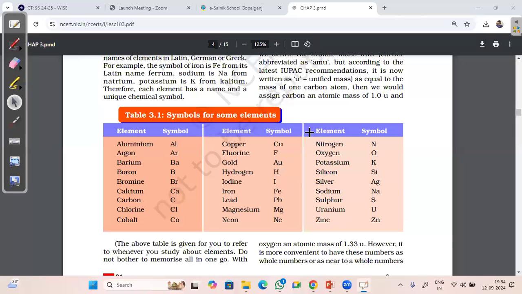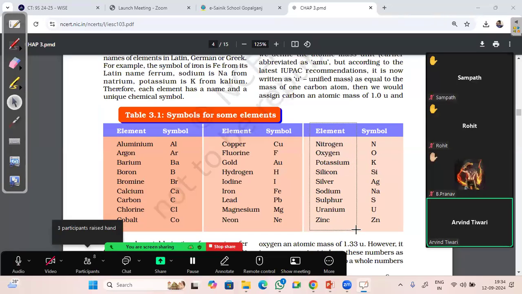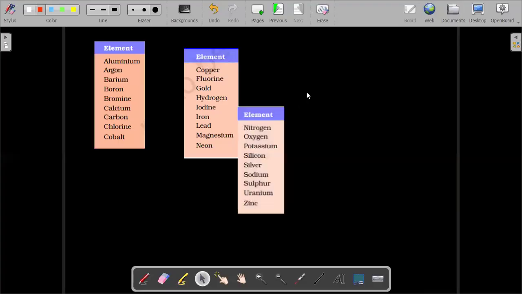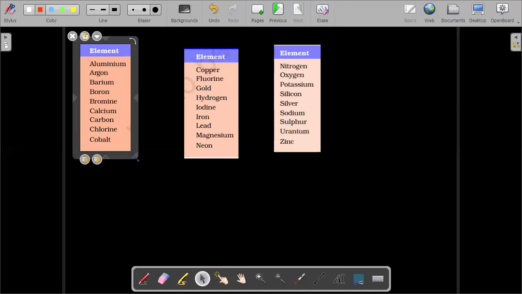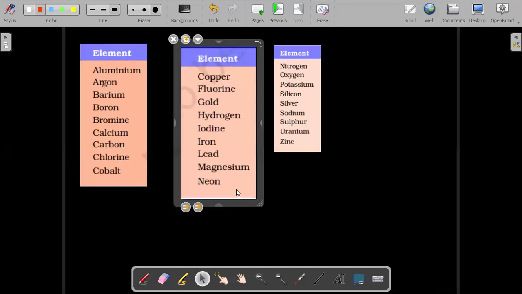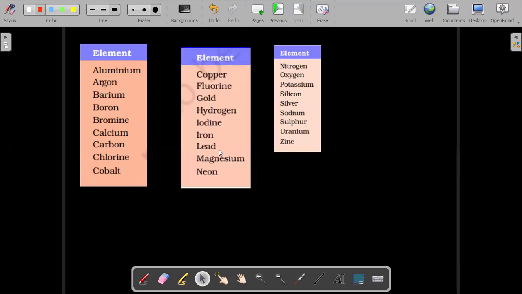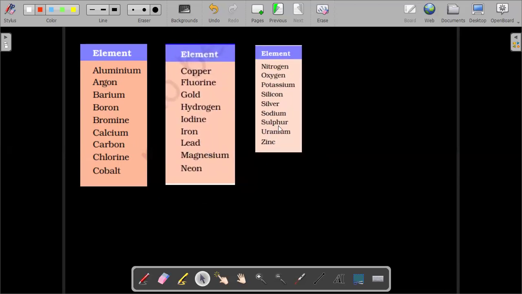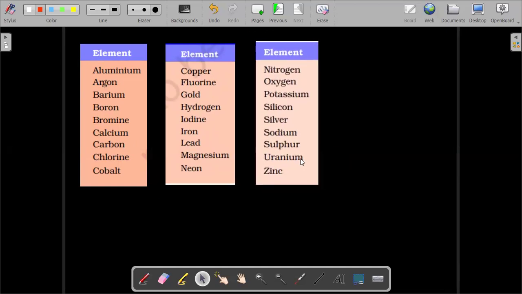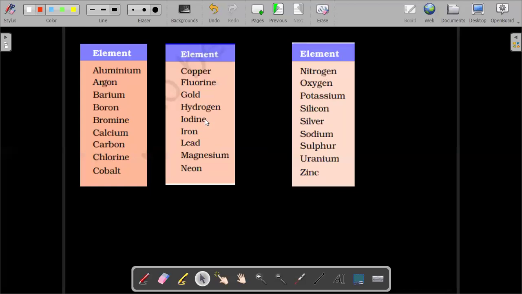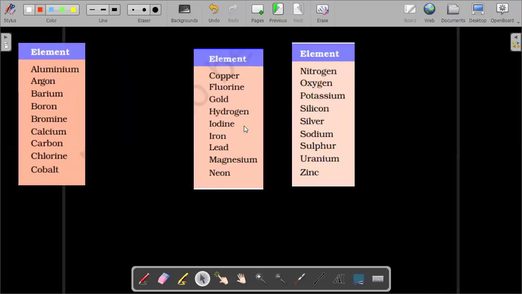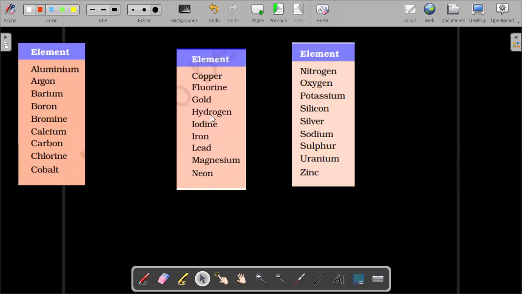I'm giving you the names, so you write down the symbols, and I will check all of them. Write down the name and then the symbol, then only I'll be able to check it.